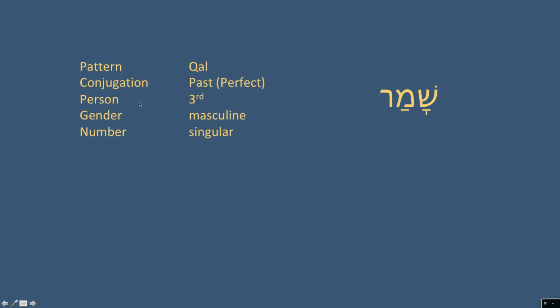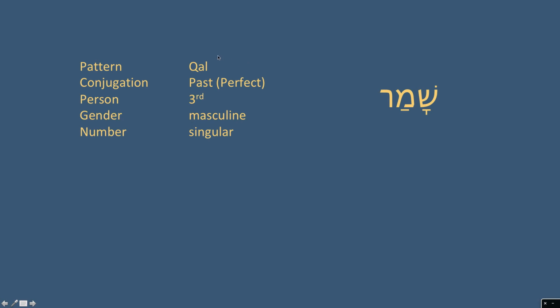The person is here third person, shamar, he guarded, not you guarded, not I guarded, but third person. The gender here is masculine, and the number is singular, not they guarded, that would look different, just he guarded.